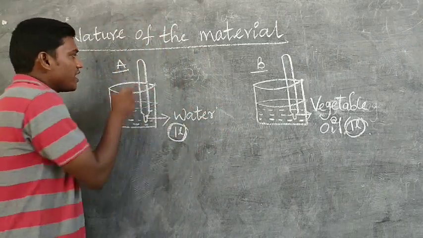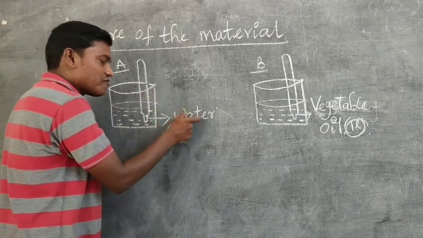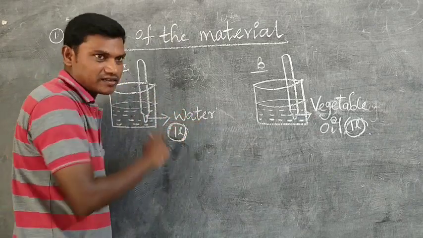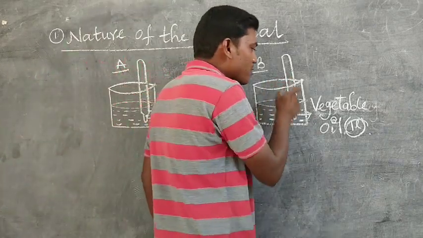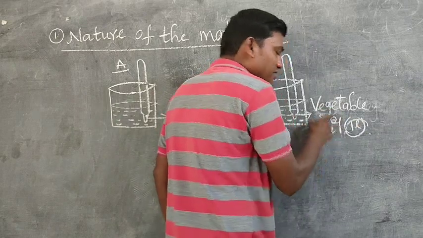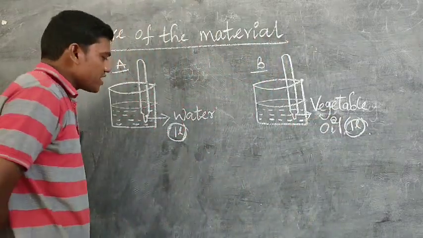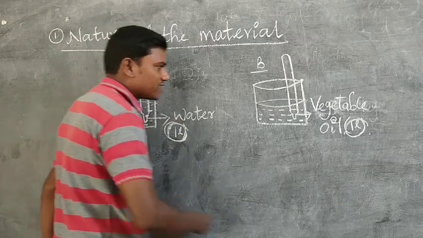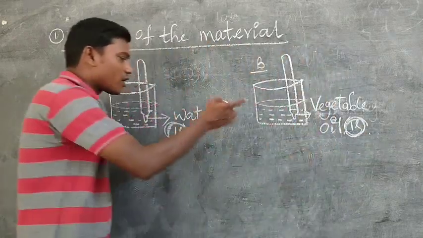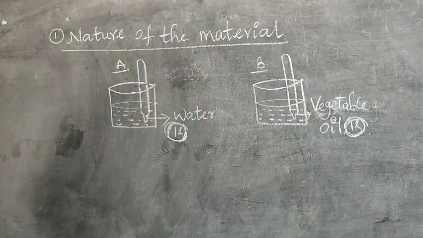For example, vessel A is filled with 1 liter of water, and in vessel B we have taken 1 liter of any vegetable oil. Here also 1 liter, meaning the quantity or volume is the same.